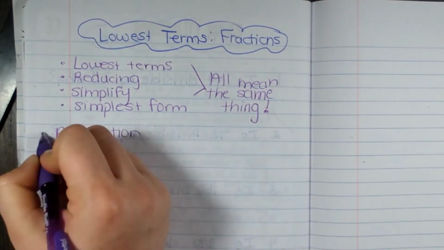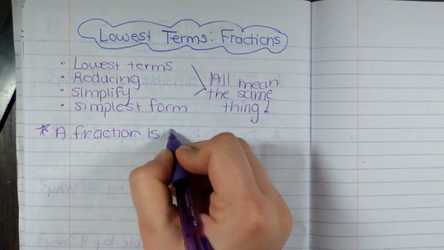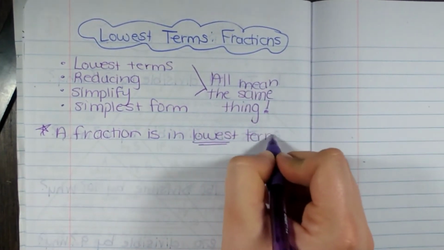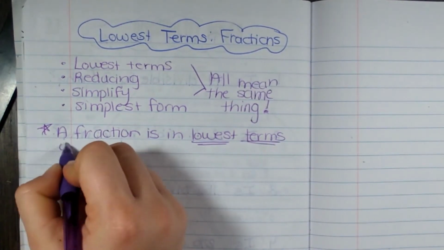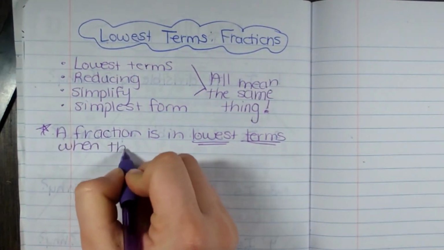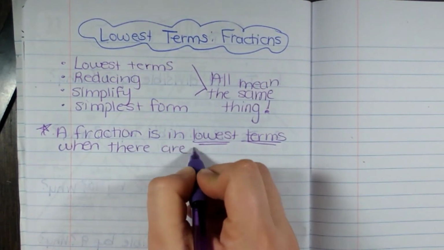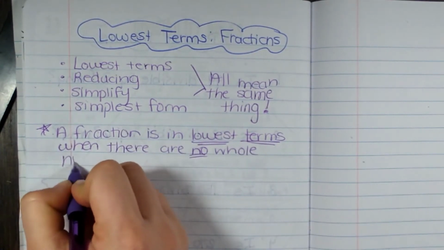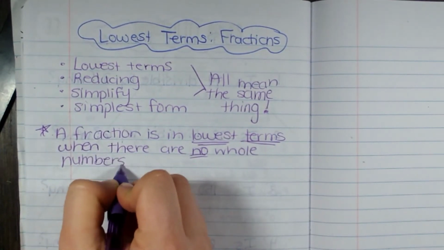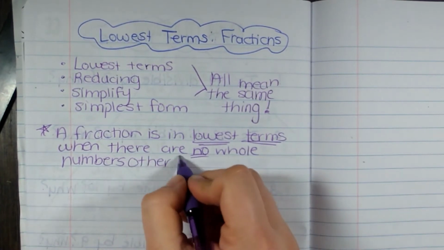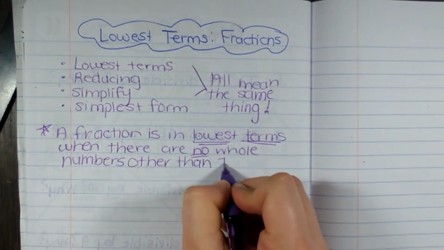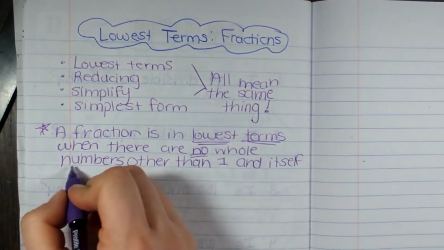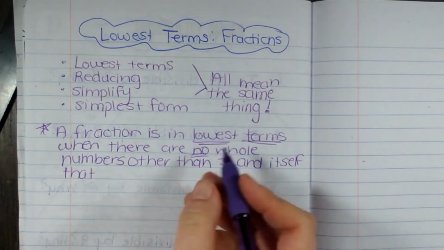So a fraction is in lowest terms when there are no whole numbers other than one in itself that can go into both the numerator and denominator.